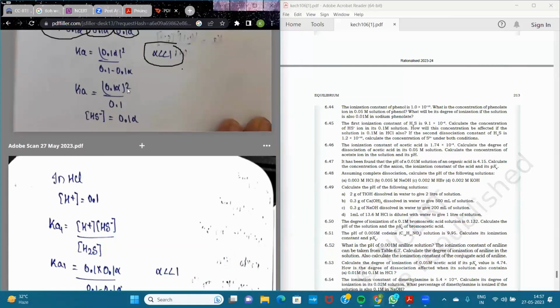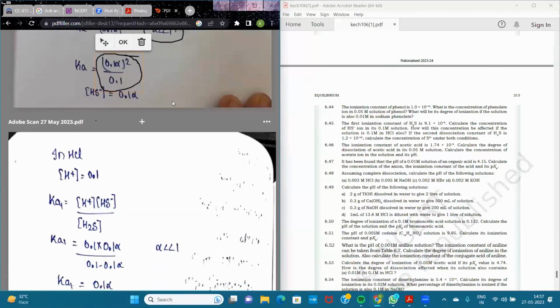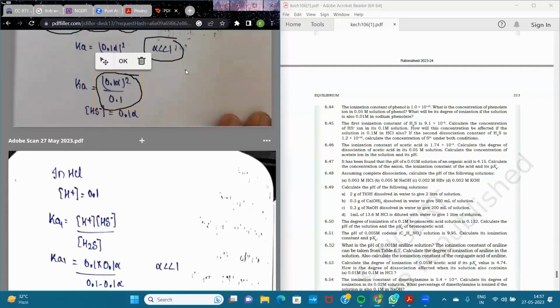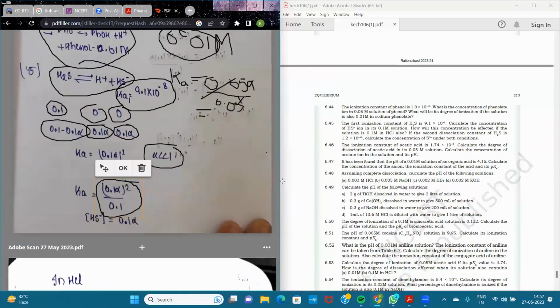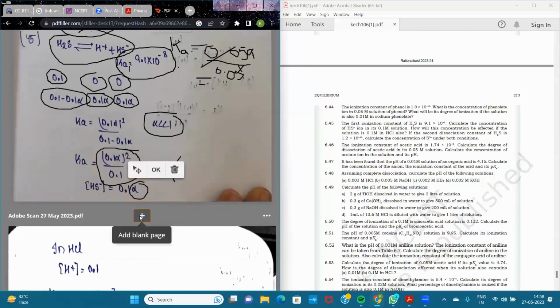By neglecting alpha in the denominator, we get 0.1 alpha whole square by 0.1. Then Ka is 0.1 alpha square. From this, the HS minus concentration is 0.1 alpha. We can get the alpha square value from this Ka and we'll get the alpha value as well. By substituting the alpha value here, we'll get the equilibrium concentration of HS minus.